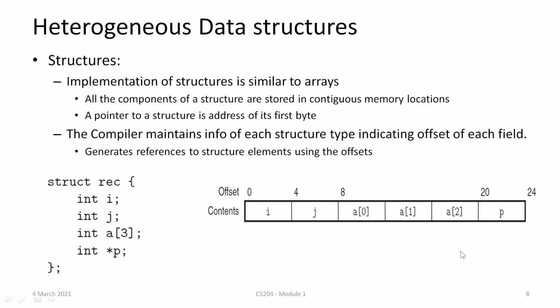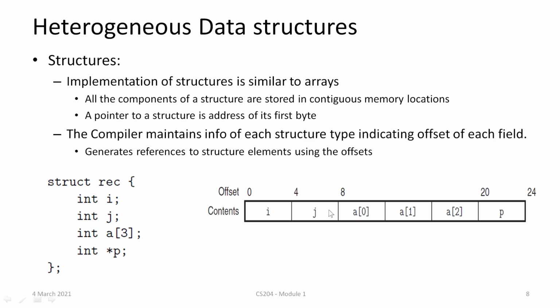So what we are saying is the value in x10, which is the starting address of the structure, will be added with an offset of 8, and the memory will supply whatever value is there in that particular address and write it into x11. Now if you want to access p, it would look something like this: ld x11, 20 in brackets x10, right?